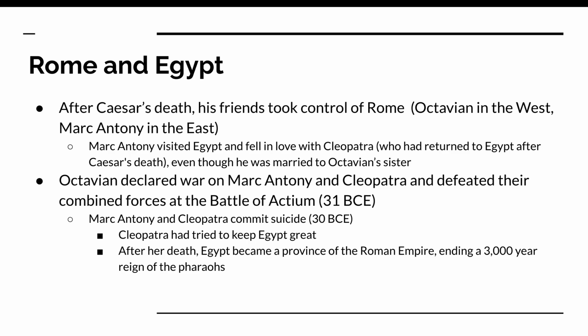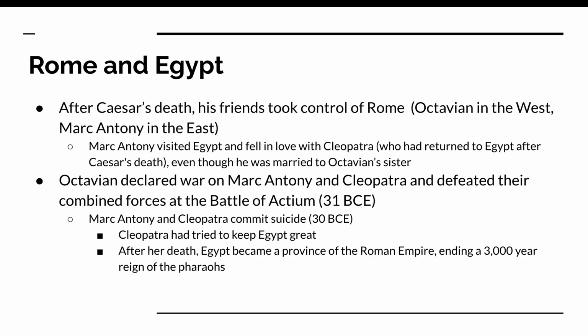Mark Antony has an army in the East, centered around Egypt, and they go to war over this. In 31 BCE, the Battle of Actium is fought, which basically decides control of Rome. And Octavian in the West is able to defeat Mark Antony and Cleopatra.